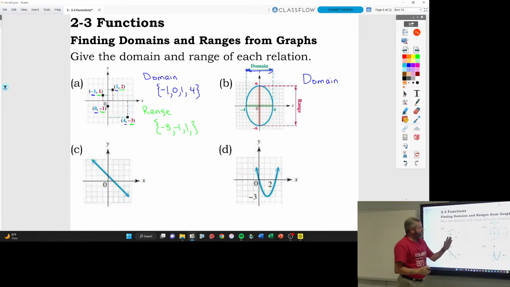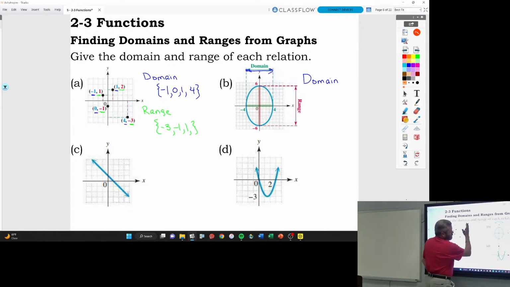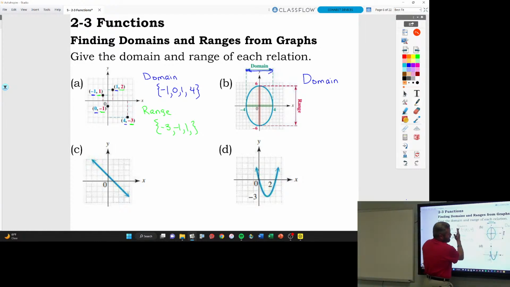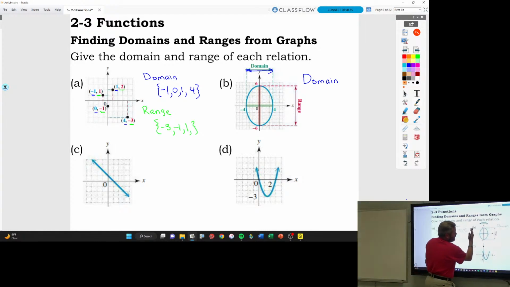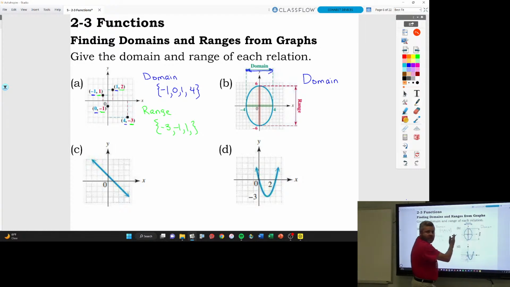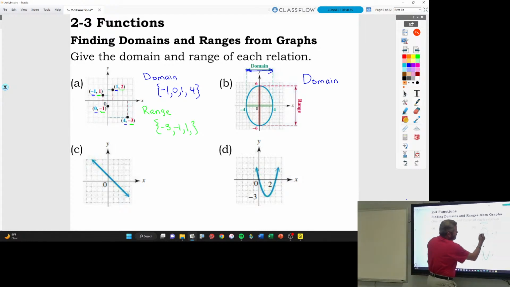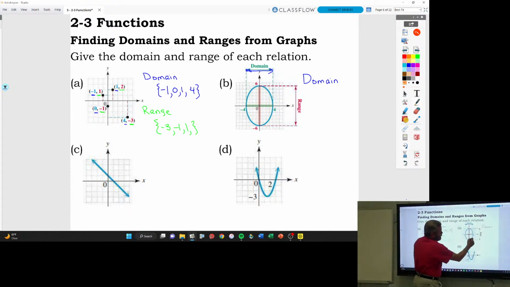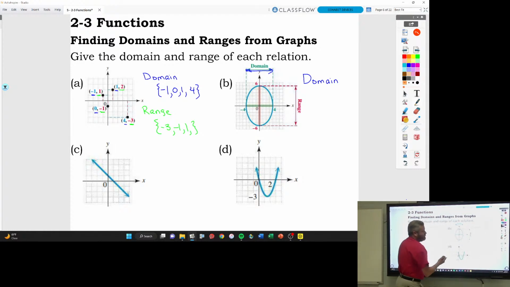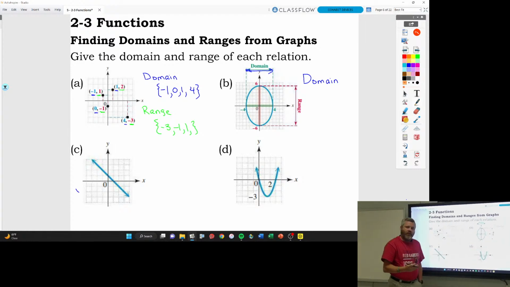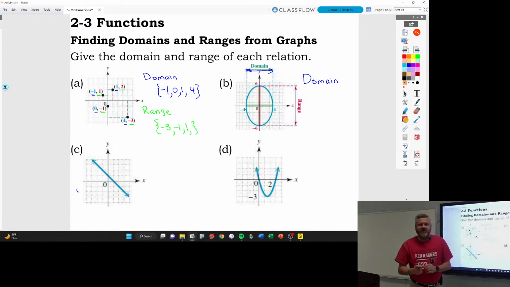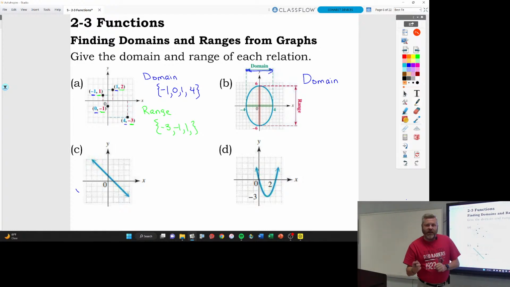If we're moving from -infinity along the x-axis, I don't touch that graph until I get to -4. The instant I get to -4, I'm touching that graph. Though the graph goes up and down around here, everywhere in between -4 and +4 that graph exists. As soon as I pass +4, I'm no longer on the graph. So the domain consists of every number between -4 and 4.